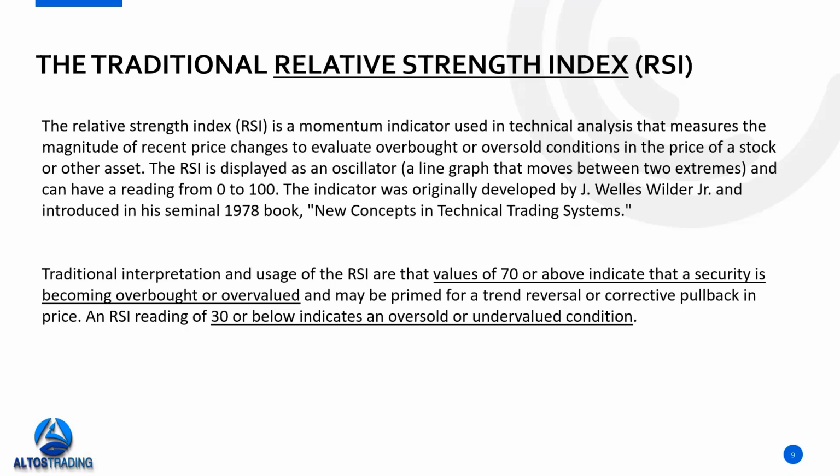Now, an RSI reading of 30 or below indicates an oversold or undervalued condition. And so that's typically how it's used. There are, like most indicators, a lot of different ways to interpret and use the RSI, but that's typically the most standard accepted way to use it as an overbought, oversold oscillator.